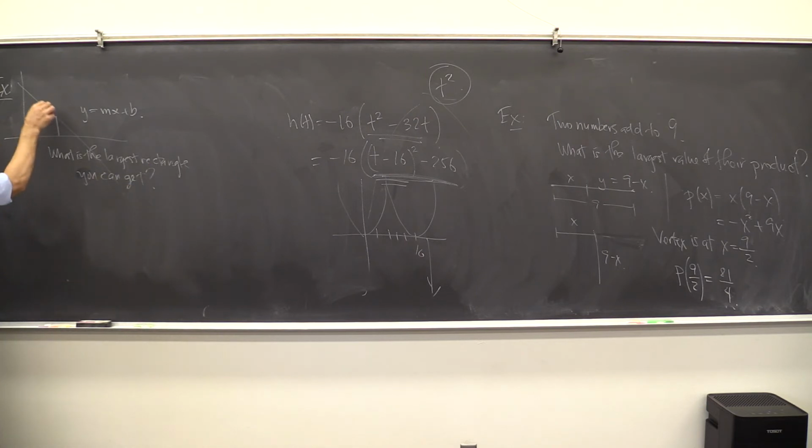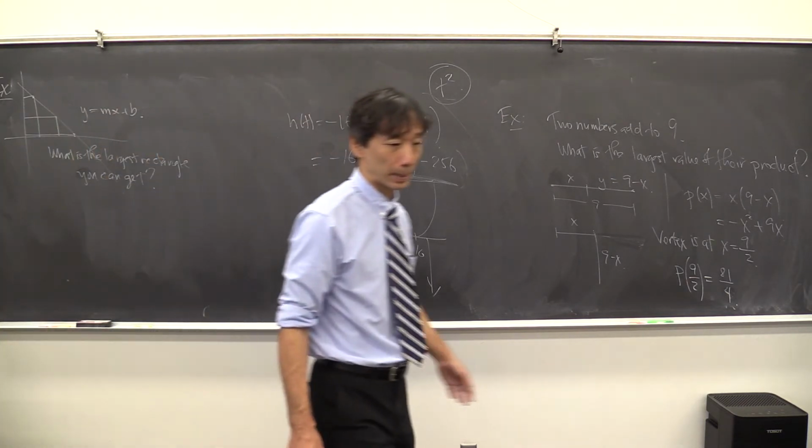So you can take any point. You could take this rectangle, you could take this rectangle, whatever. You take some point and you make a rectangle underneath the triangle, and you'd like to know the area of the largest one.